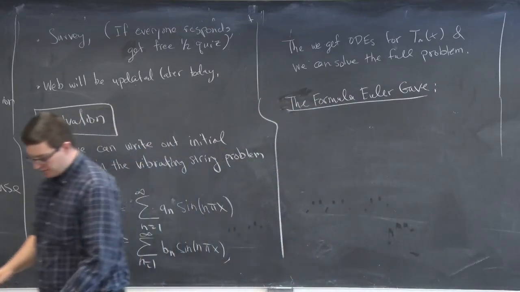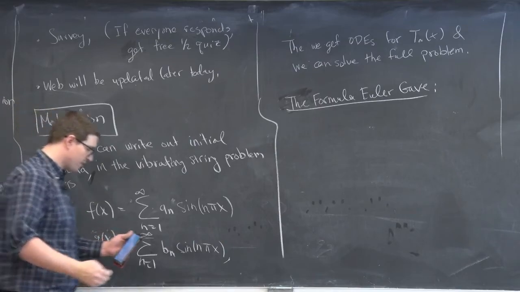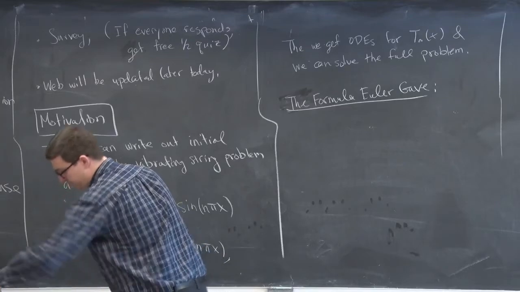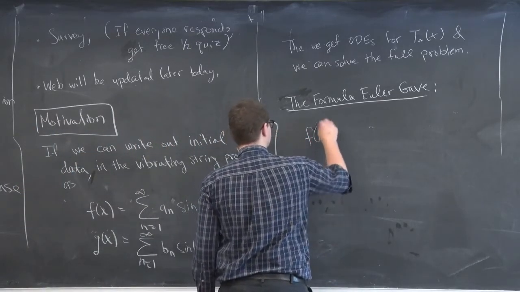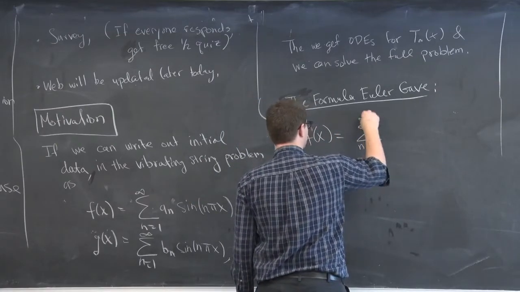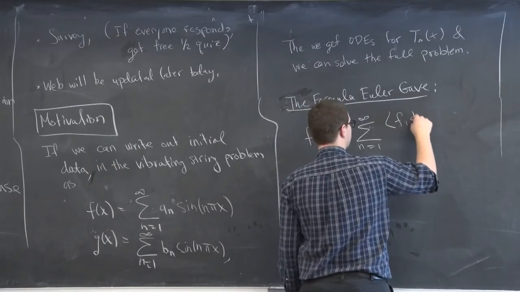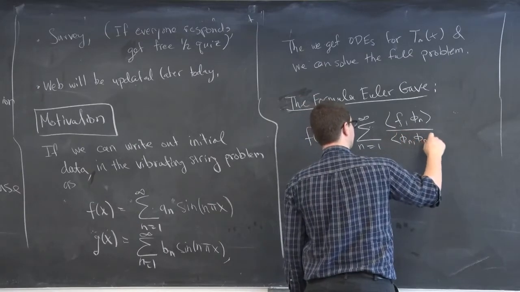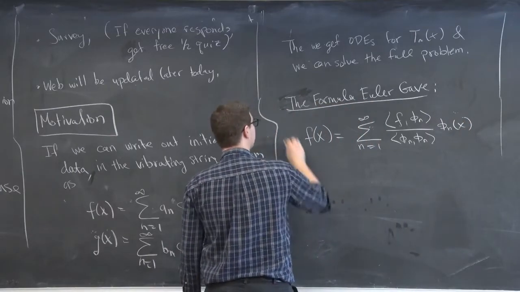Okay. So I'll do it for f of x. So f of x is equal to the sum, n equal to 1 up to infinity. And now I'm going to have to explain what these are. These are going to be inner products.